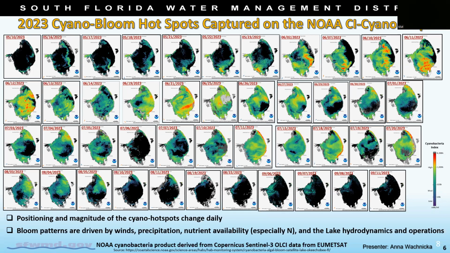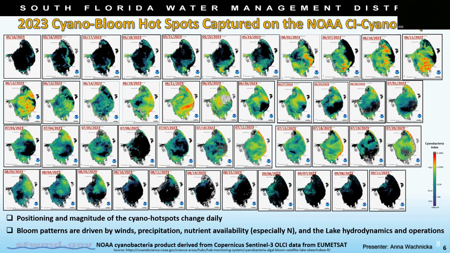Usually the blooms start at the end of spring, around the end of April, and last until the end of October, sometimes even longer. It all depends on water quality conditions and, obviously, also the weather conditions.